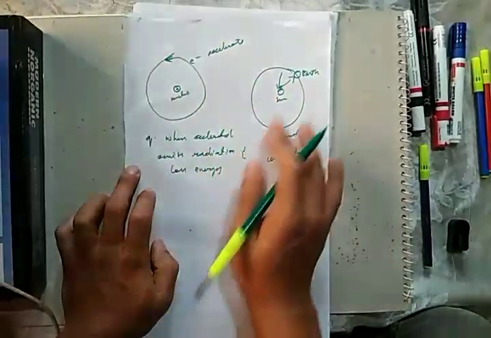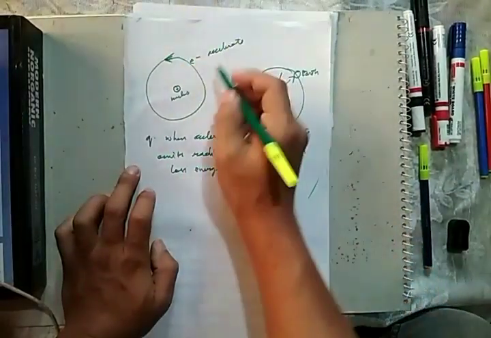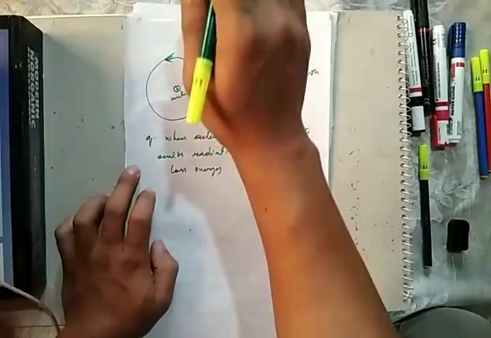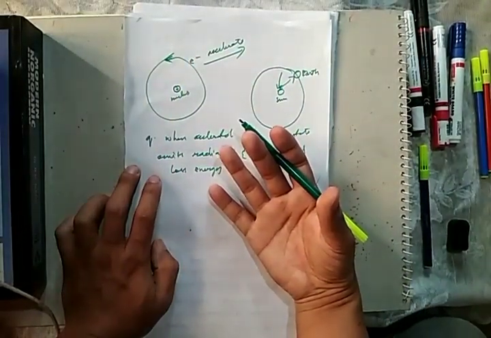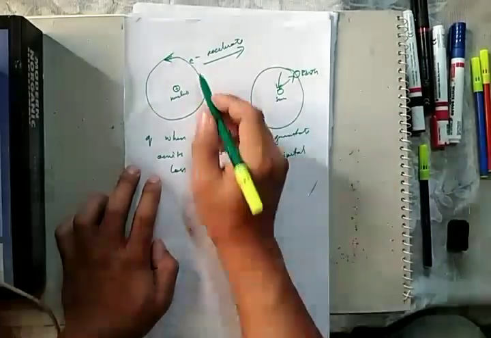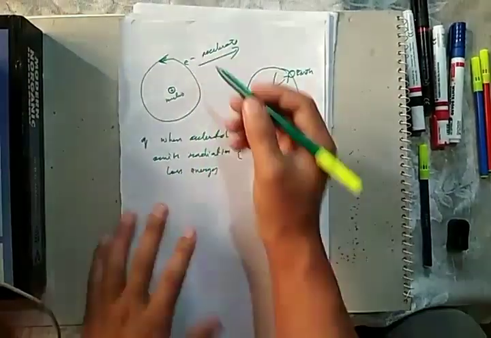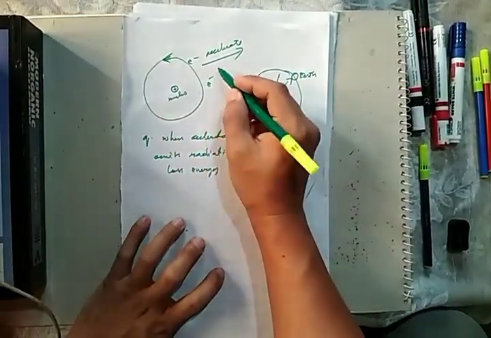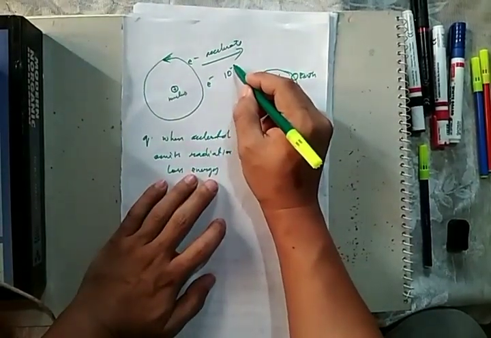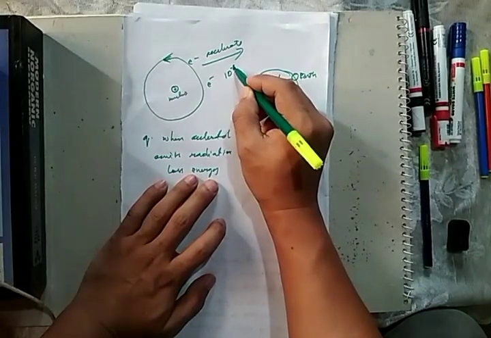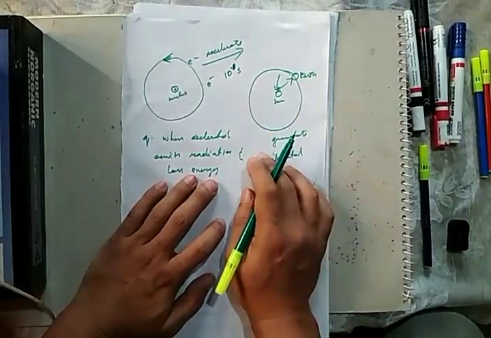So when charged particles move and accelerate, they emit radiation and lose energy. It will take the electron just 10 to the power minus 8 second to lose its energy.